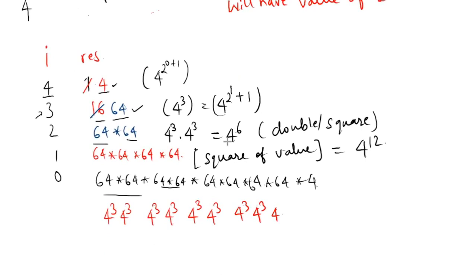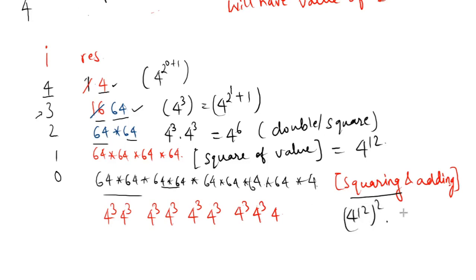Here square and multiplication can play; because it was an odd number, this was executed this way. So square will take 4 raised to 12 squared, which is 4 raised to 24.